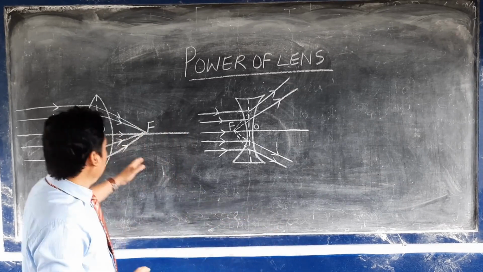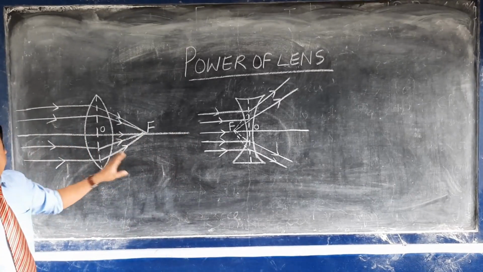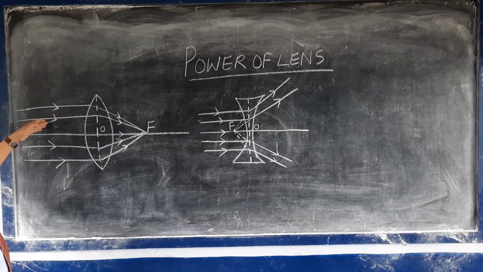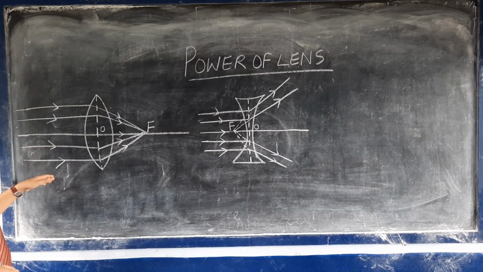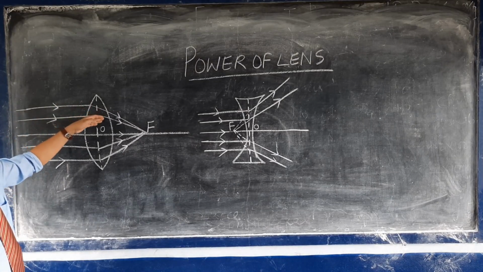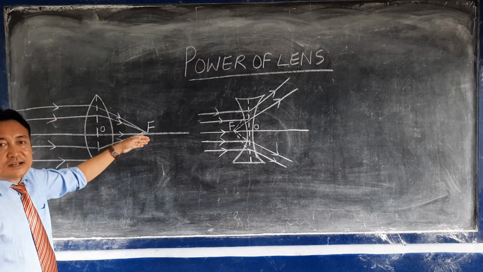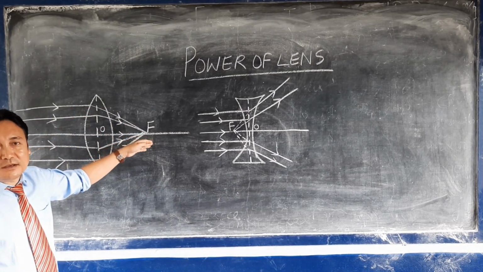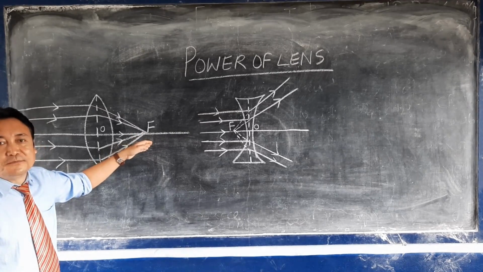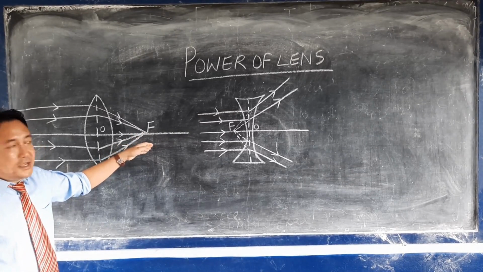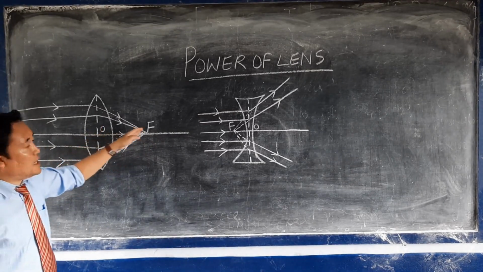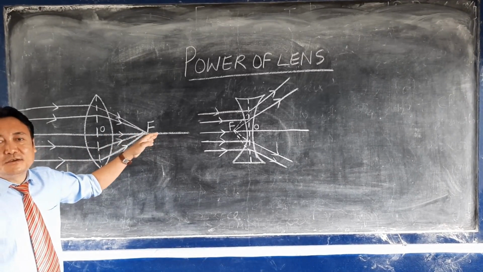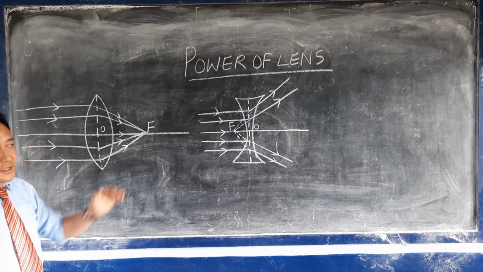Please refer to this diagram. These are the beam of light which are parallel to the principal axis. When it falls on the convex lens, all the refracted rays converge, they meet at a point F, and this F is the focal point. The distance from the optical center to the focal point is known as the focal length.